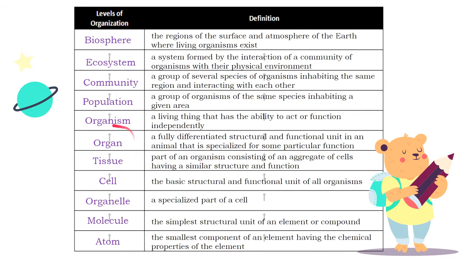Now, organs in a body can form an organ system, and then overall it can form an organism. An organism is a living thing that has the ability to act or function independent from its surroundings. But we also have cells that are considered organisms, because they exist as unicellular organisms. But for this part, these are mostly multicellular organisms.